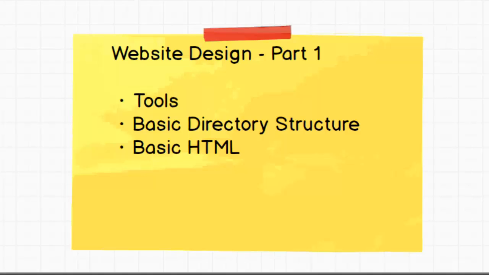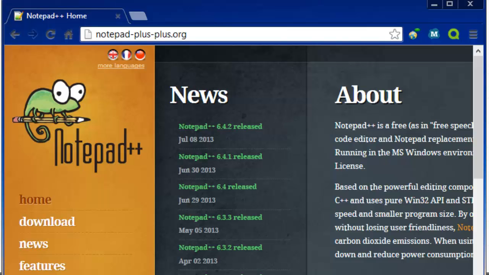So first of all, we're going to get our tools, and it's only one tool to begin with. If you open your browser, navigate to notepad++.org. This is a really powerful yet lightweight text editor that's going to help us with our code.